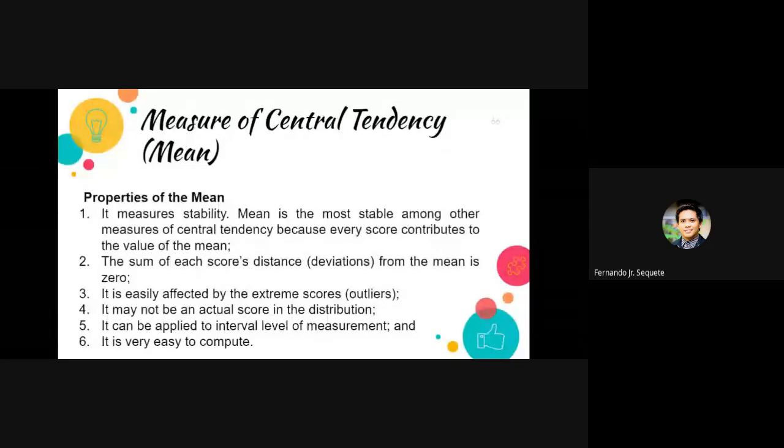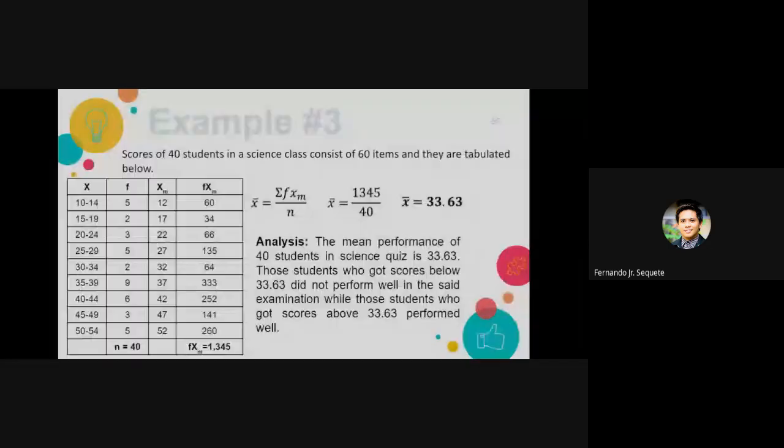Next, it may not be an actual score in the distribution. In our earlier example, the value of the mean is 33.63. Can you find 33.63 among the scores in the first column of X? No, sir.